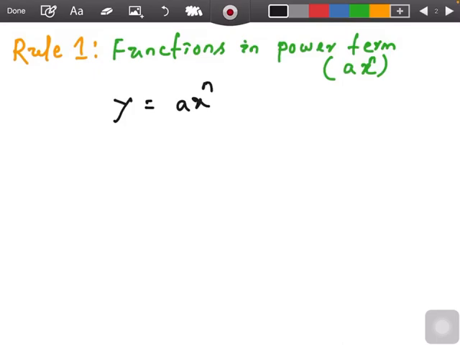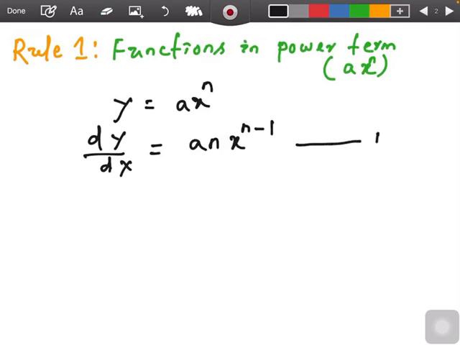So the formula of derivative dy by dx is equal to a n x to the power n minus 1. This is your rule 1.